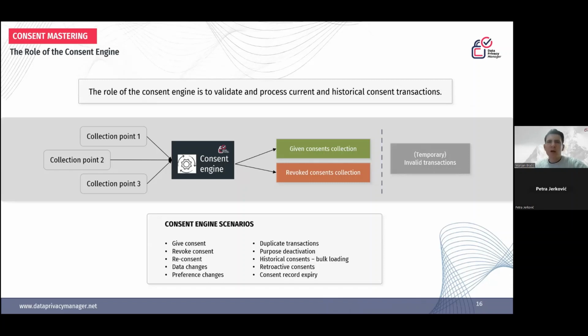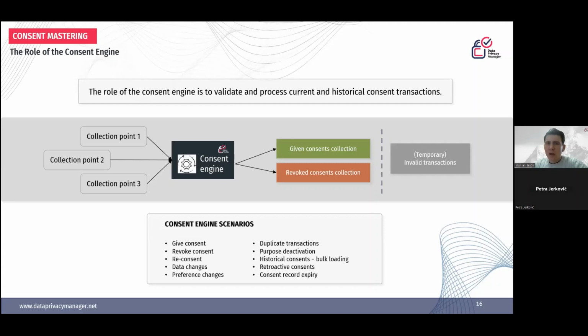The basic scenarios like a patient giving consent, a patient revoking consent, a patient reconsenting for some reason. That means that they have previously given consent and you will again give a consent transaction for the second or third time. Then any data changes that can happen for the patient and the study.